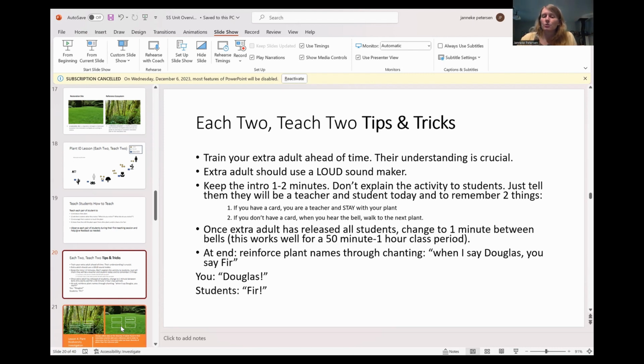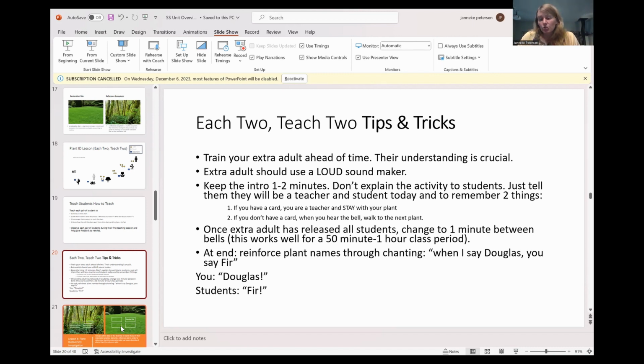Your extra adult should use a loud sound maker if it's too quiet and the students can't hear that they're supposed to walk down the trail. You're going to get clumping happening. So there should only be 4 students at a plant at a time. And if clumping starts to happen, it very quickly devolves. So loud sound maker. I like a cowbell or a recorder, but your extra adult should really make it loud.